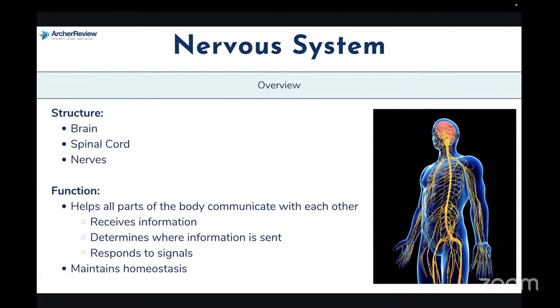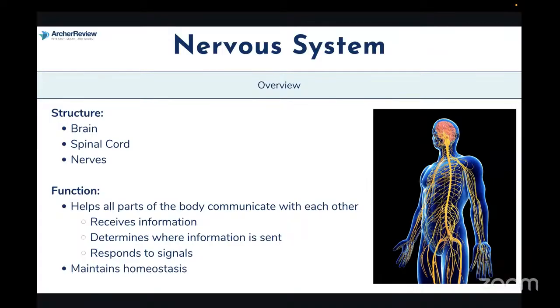So, a brief overview of the nervous system. Our nervous system includes the brain, your spinal cord, and all of the nerves. The function of our nervous system is to help all parts of the body communicate with each other.